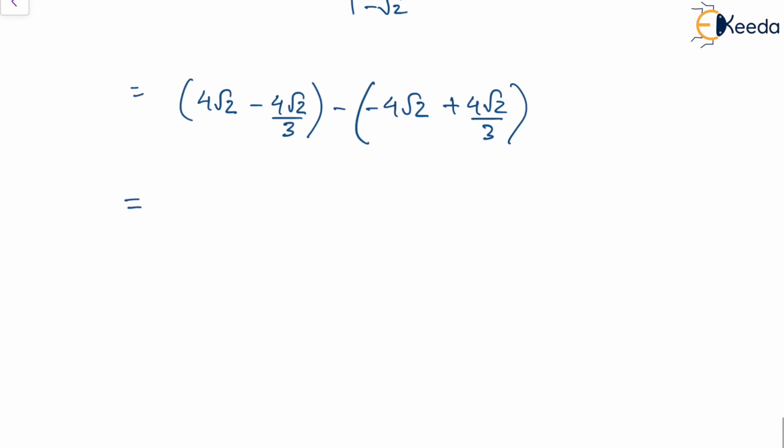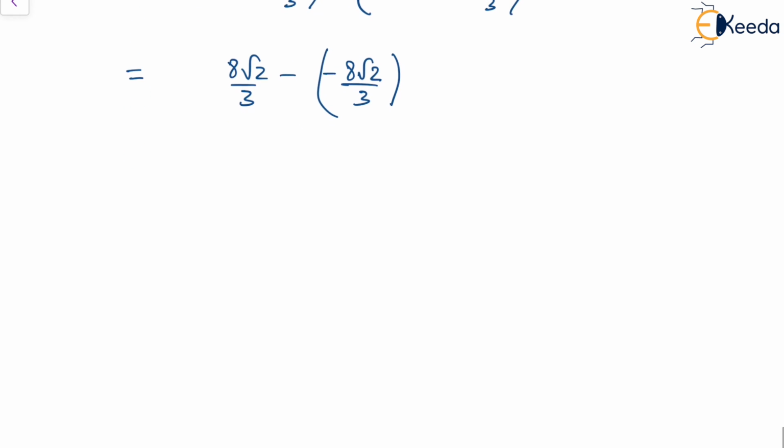So this is 8 root 2 by 3 minus, this is minus of 8 root 2 by 3, together minus of minus becomes plus, so this is 16 root 2 by 3. This is the area we are looking for here. So again, following the same steps, we have got the result for the area of the region enclosed, 16 root 2 by 3. I hope this is clear. Thank you.